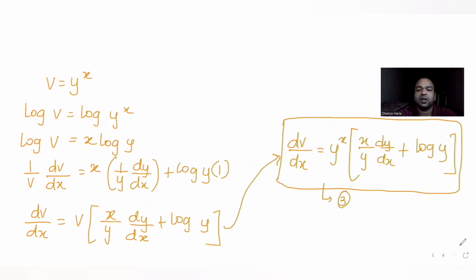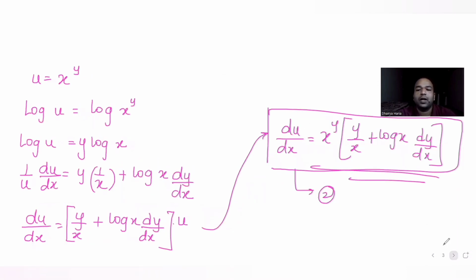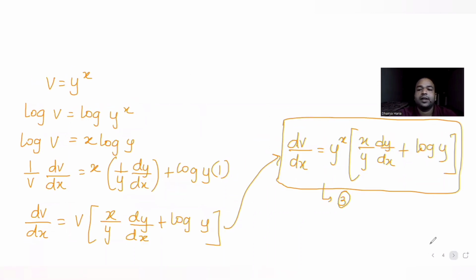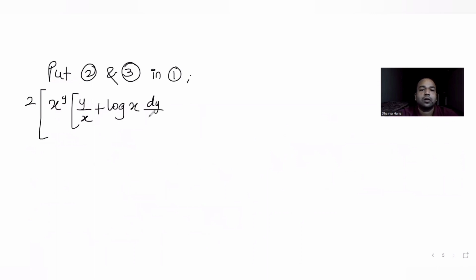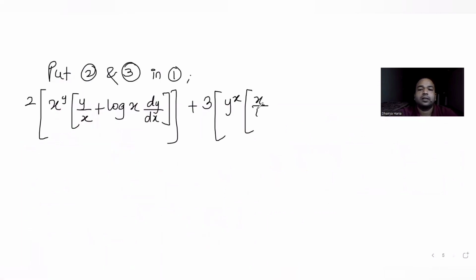So putting equations 2 and 3 in 1, you get 2 times du by dx, which is x raised to y into y by x plus log x dy by dx, plus 3 times y raised to x into x by y dy by dx plus log y.